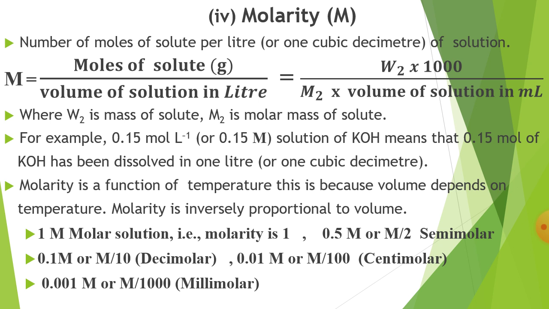So one question is asked so many times: which of the following is a temperature dependent quantity? Your answer should be molarity, because volume depends upon temperature. That is, volume increases on increasing temperature.